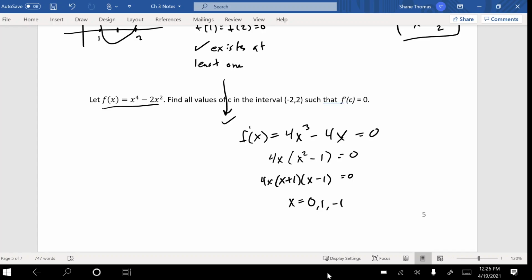Well, if we go ahead and look at what this would look like graphically, I'll give you a rough sketch. So we'll go out to 2 in both directions. That's my interval, negative 2 to 2. So there would have to be 3 points in there of some sort, right? Well, this is what this graph looks like.